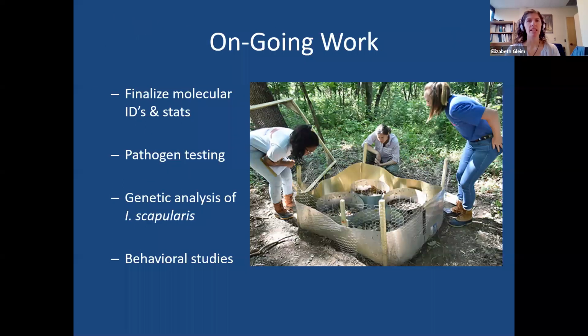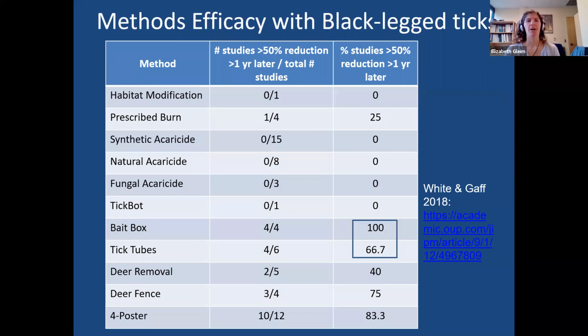So that sounds really cool, right? But as you might imagine, the efficacy of these on a landscape level is minimal. The idea that one would be able to treat really large swaths of land with bait boxes and tick tubes, and do it on a consistent basis, is low, because you're going to have to constantly be refilling the bait in the bait boxes.